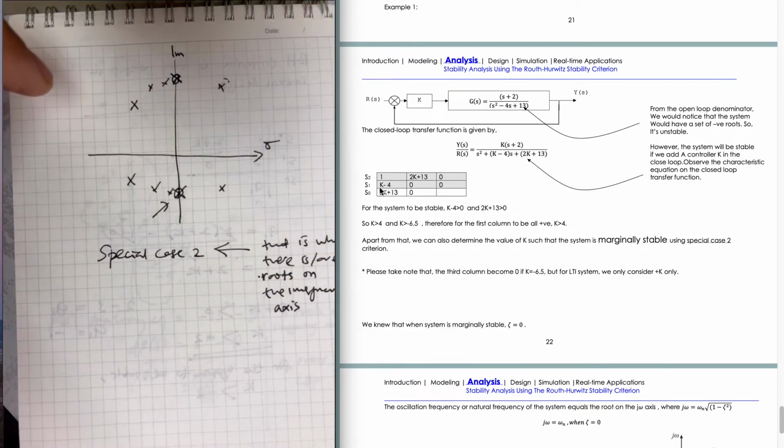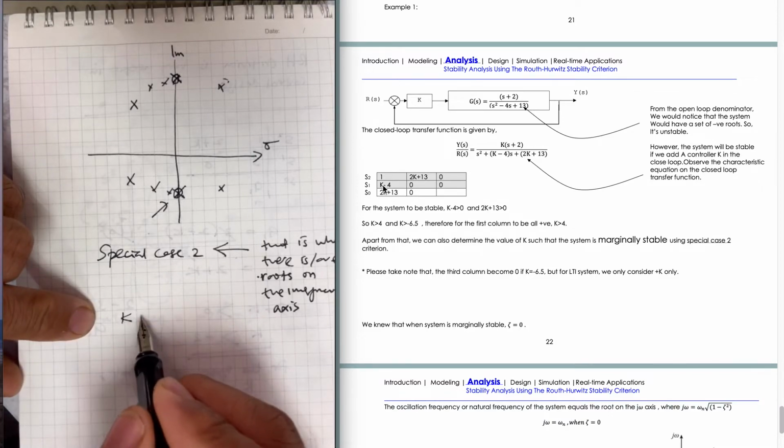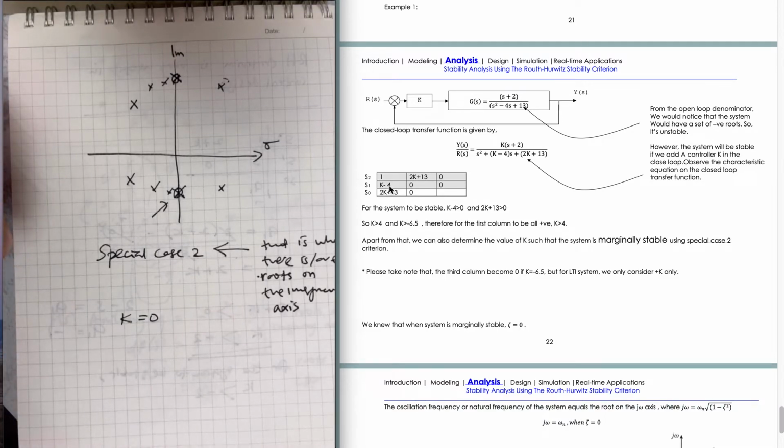If k equals 4 in this case, 4 minus 4 is 0, and then the whole thing becomes 0. We can simply say that when k equals 4, the roots are on the imaginary axis.